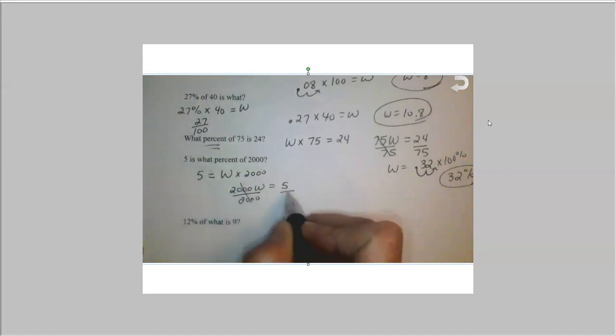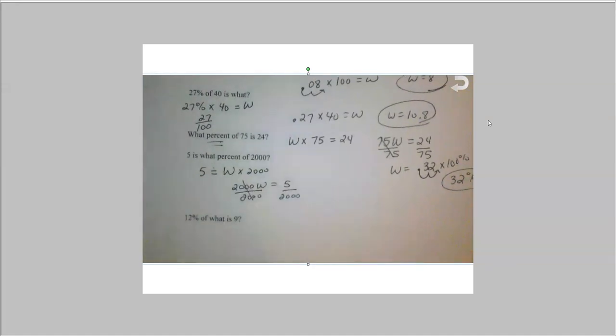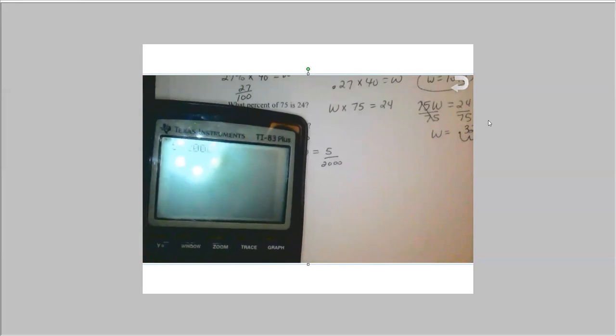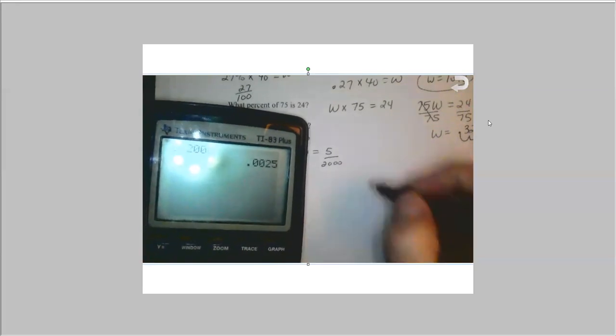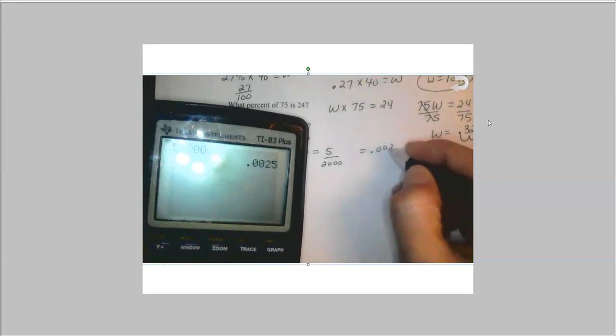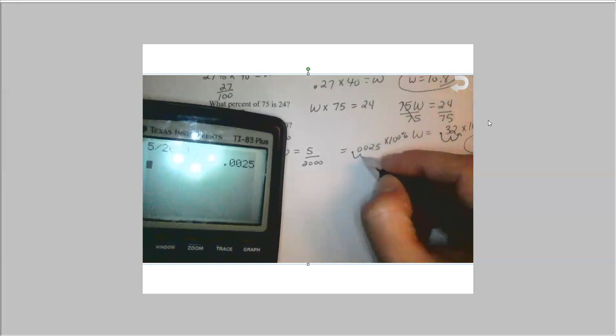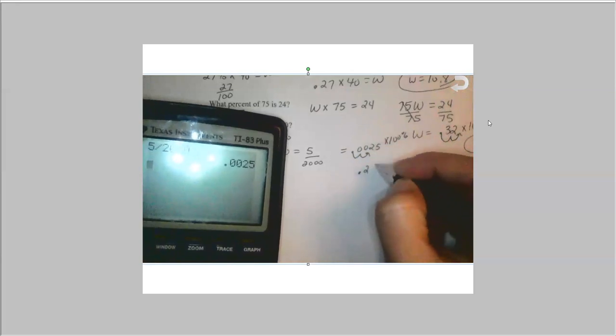Divide by the number in front of the variable. So I would take my calculator and take 5 divided by 2,000. I'm going to get that decimal, and then times 100, like we said. So that's 0.25%.